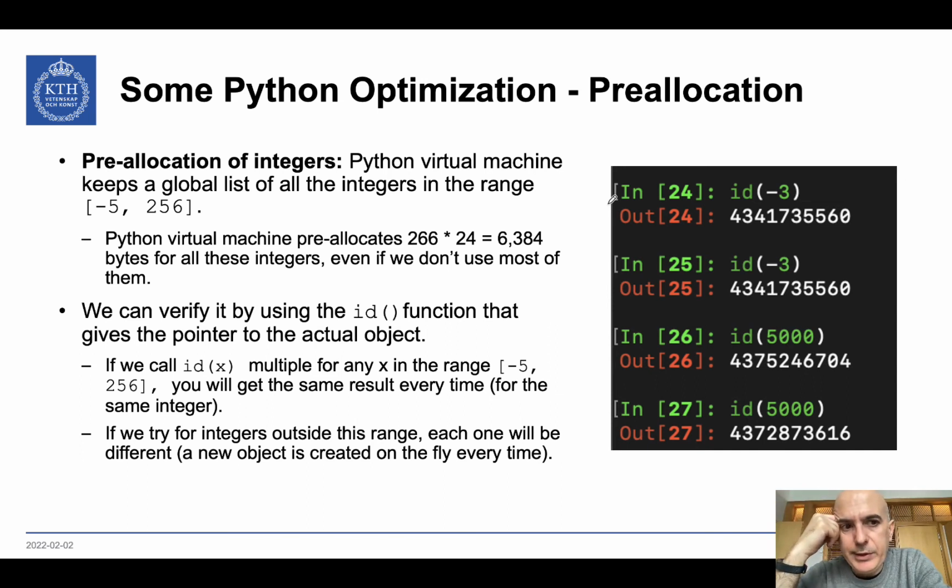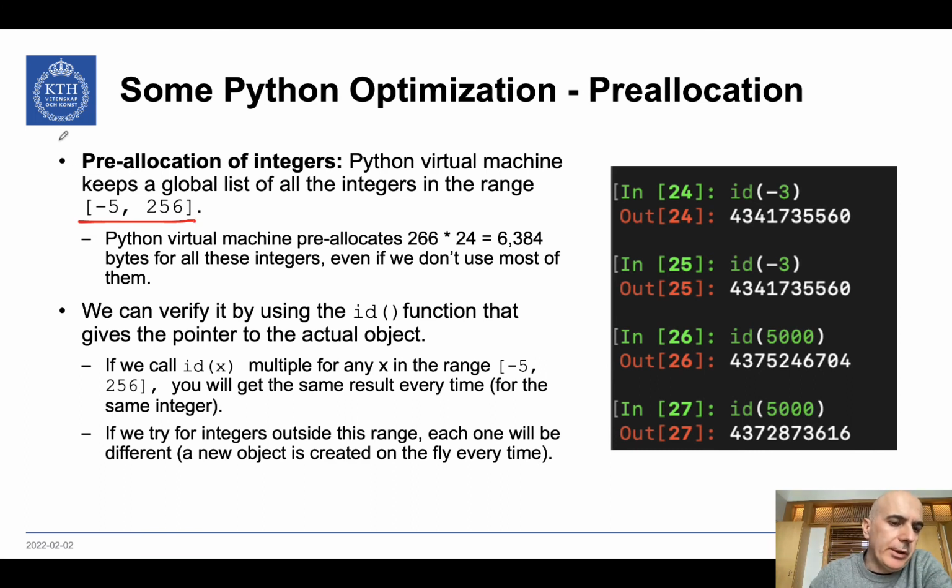An example is the pre-allocation of a certain range of integer numbers whenever we start Python. In fact, the Python virtual machine keeps a global list of all the integers in the range of -5 to 256. Why is that? Because it's very likely that we're going to use these numbers for indexing.